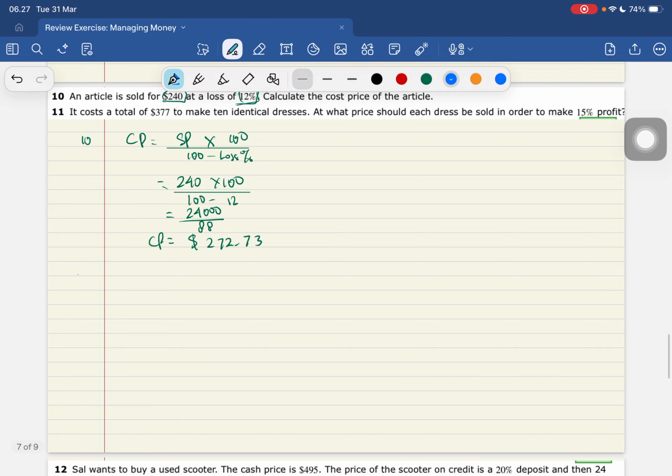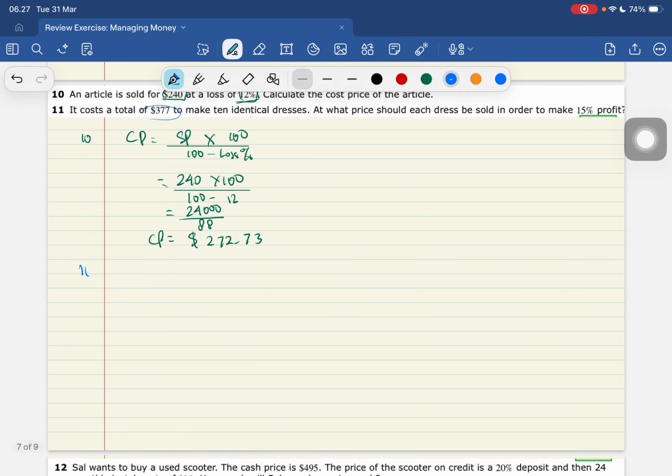Okay, now 11. Here a cost total of 377 to make 10 identical dresses. At what price should each dress be sold in order to make a 15% profit? So if the profit is 15%, 100% plus 15% equals 115%, or we can write 1.15.